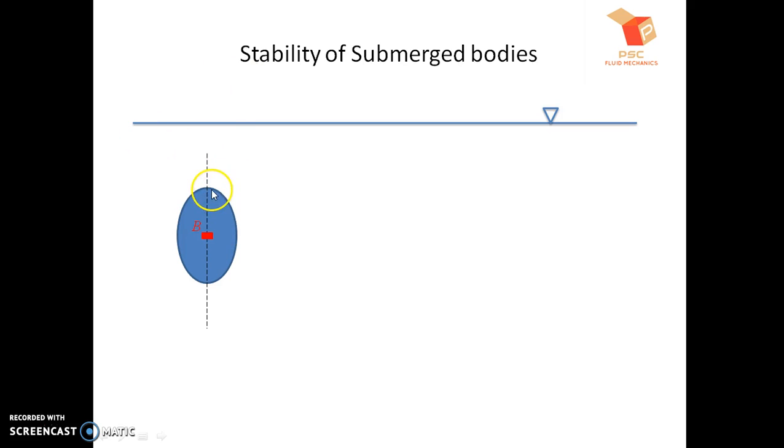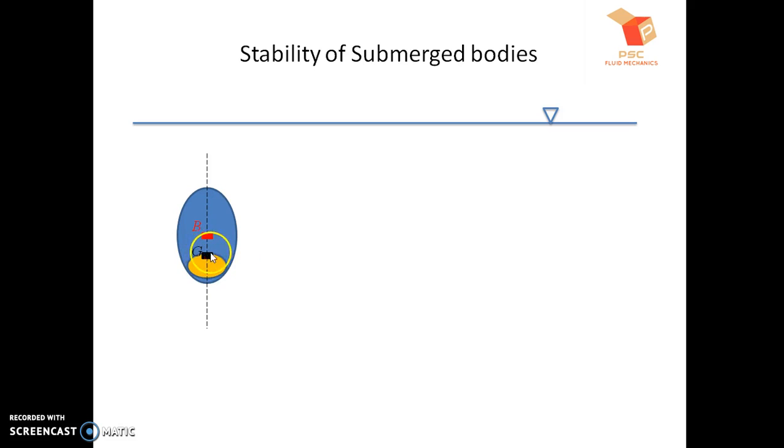Now if we consider the mass of this body is uniformly distributed, the centroid of this body will be equal to its center of gravity. But if the mass is not uniformly distributed, the center of gravity may shift along this axis. Now let us consider a weight we have kept on the bottom side, and because more mass is on the bottom side, the center of gravity will get shifted to the bottom side.